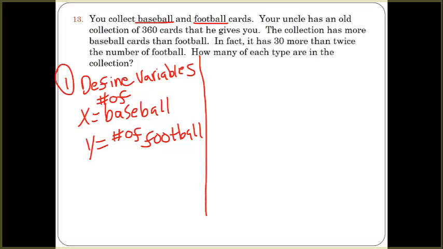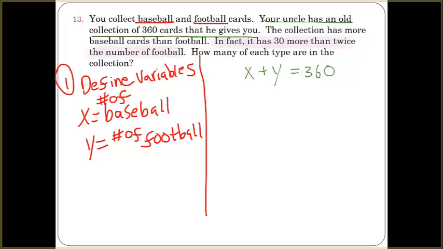So it says, your uncle has an old collection of 360 cards that he gives you. There is your first equation. So your x plus your y, your baseball plus your football, has to equal 360. Now this one is kind of tricky. I'm not going to lie to you. So the collection has more baseball cards than football cards. Okay, so that's important, but this is what's really important and what throws some people.